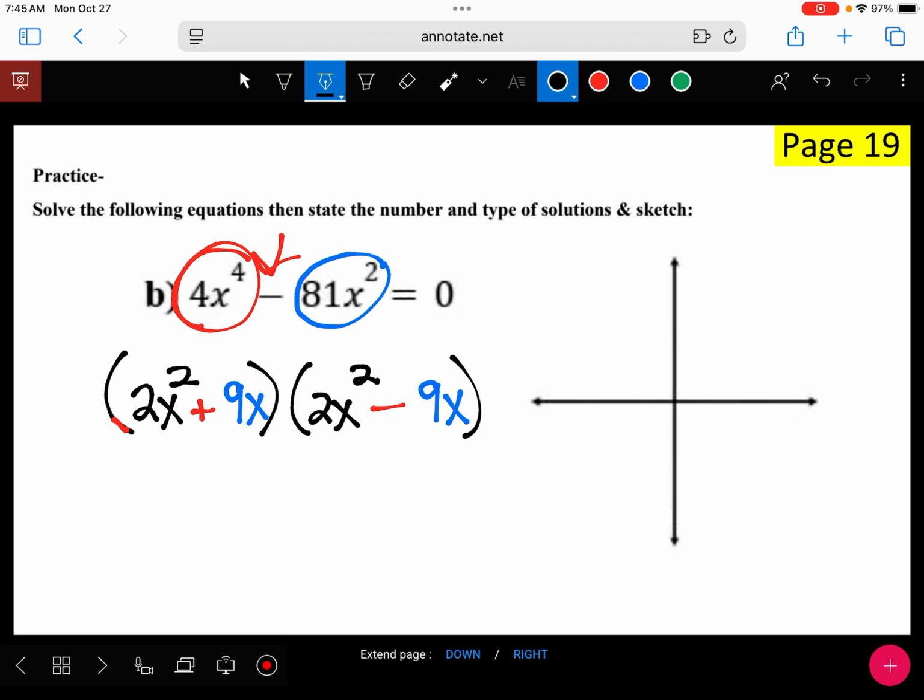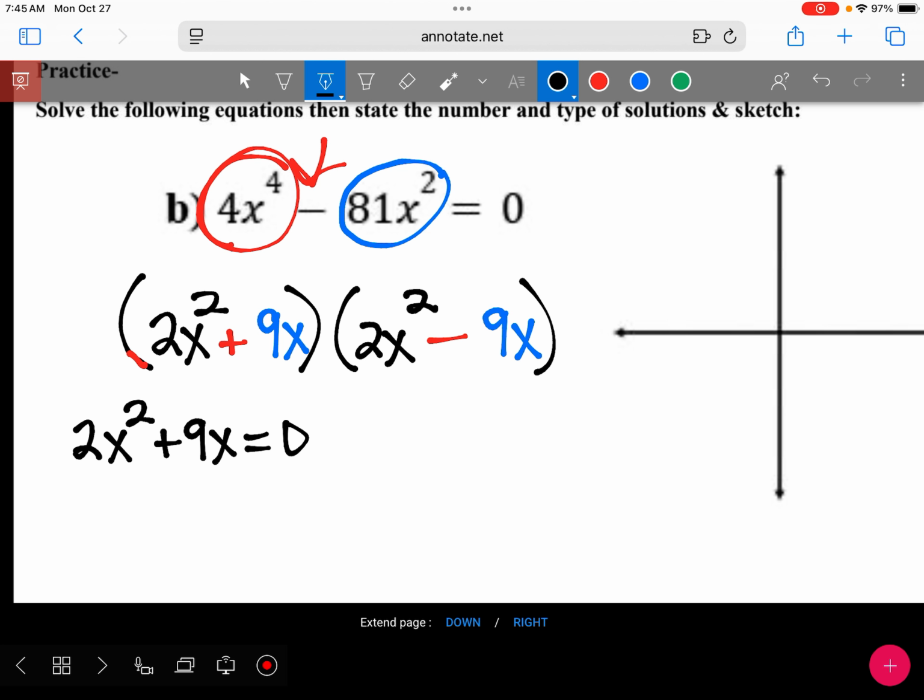So let's start off with this one. 2x squared plus 9x equals 0. What's my GCF that I can take out? All right, go ahead, take out the x. Set that equal to 0 to get your second solution.